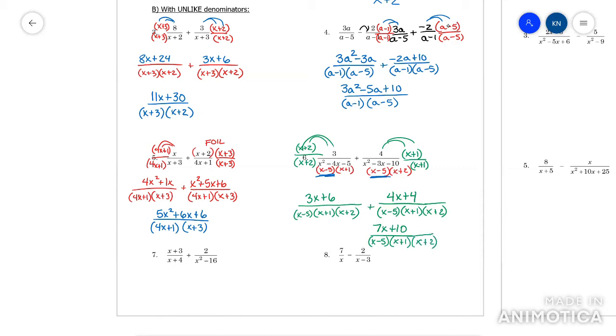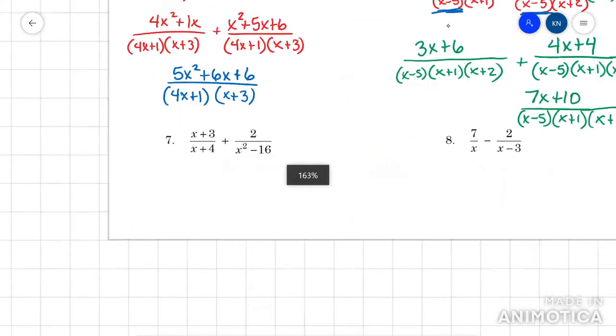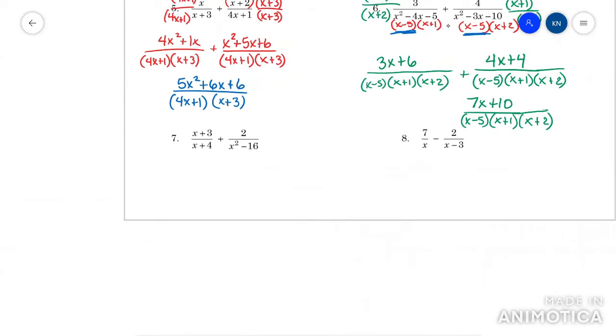Okay, moving right along. If I had looked at number 7, I would be telling you the exact same thing. I would factor this denominator first. You'd get x plus 4, x minus 4, which means they both already have this x plus 4. Only the rational on the left needs this x minus 4 to get a common denominator. Now again, here you're going to have to run FOIL.